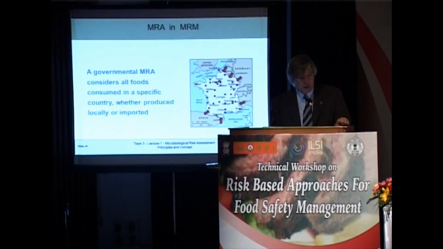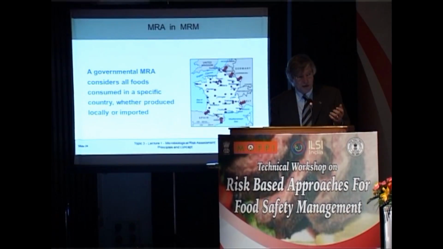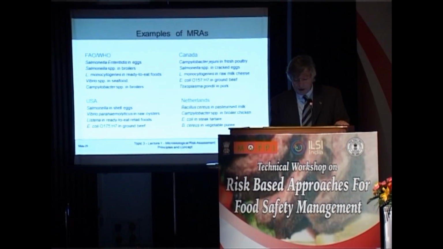Risk assessments need to be done for a population in a country. So it's also very important to understand what products are imported in a country, and how that may add to the burden of illness in the country. Those data are often difficult to get.